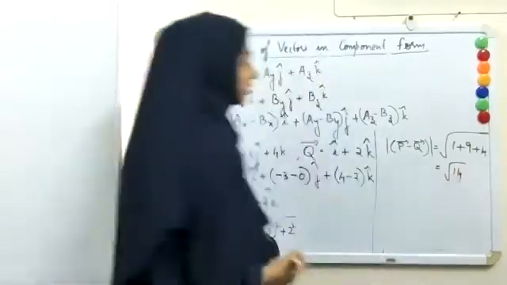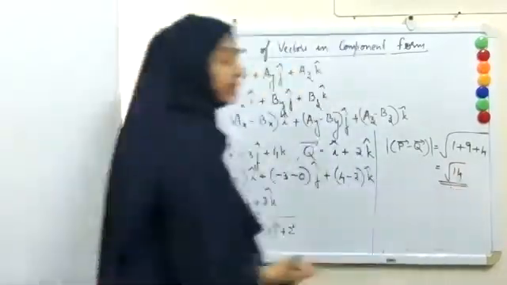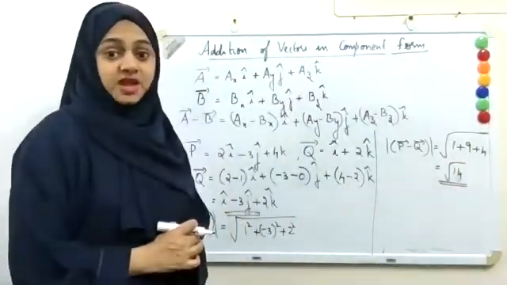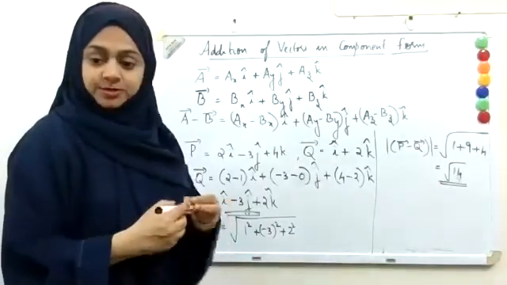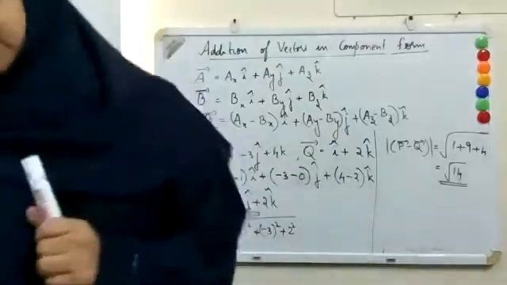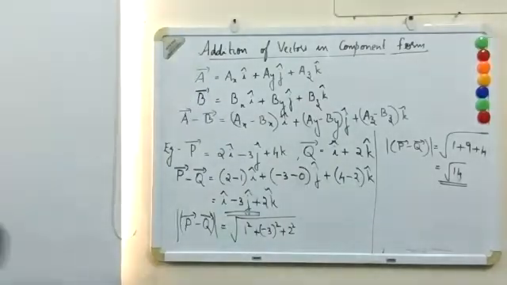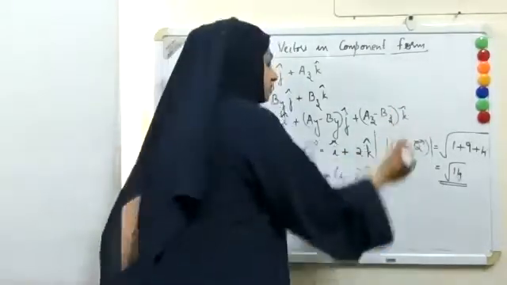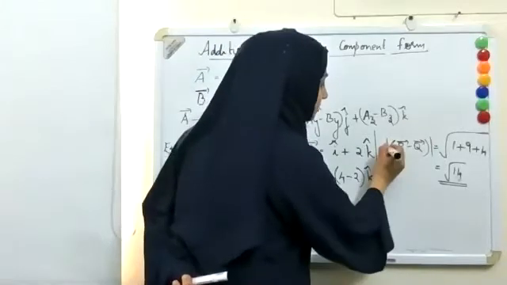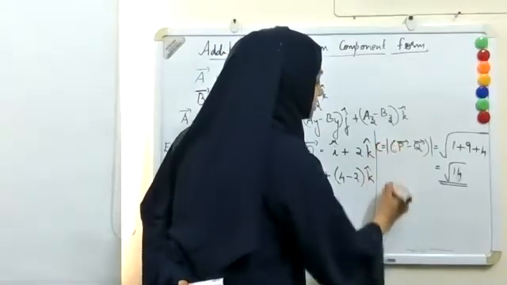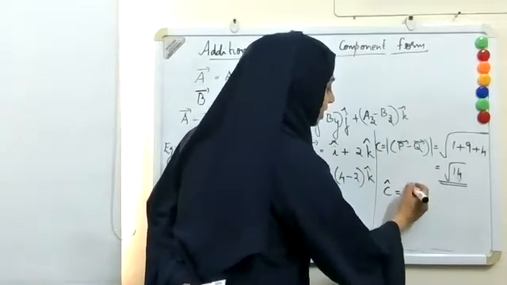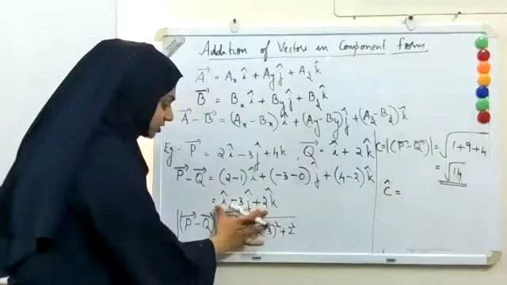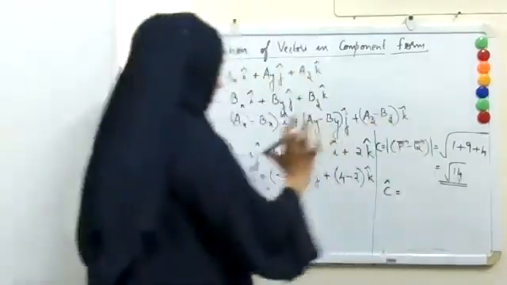So how can you represent the direction of the difference? Direction of the difference? How will you represent? You can represent it by the unit vector, right? So just unit vector along this. So let me represent this as C. So unit vector along C is equal to, you can write the difference as such, the vector divided by its magnitude.